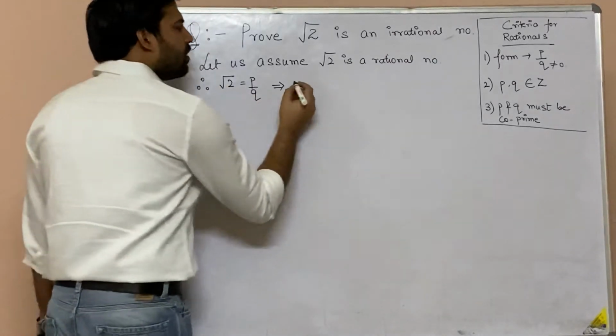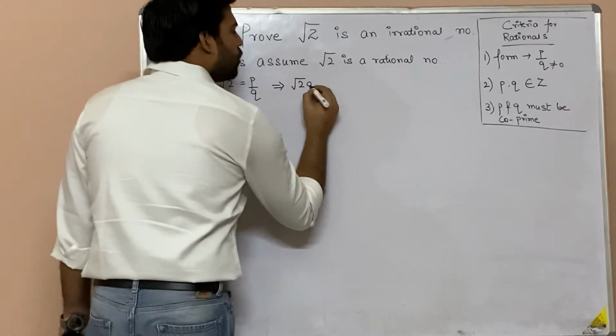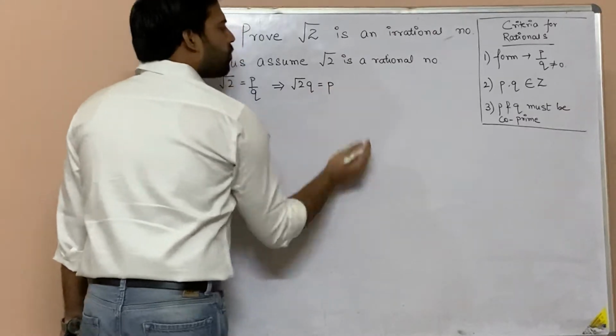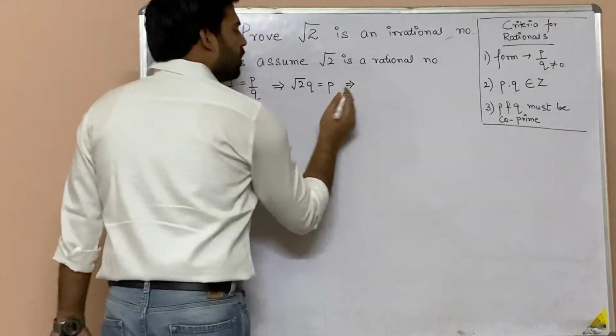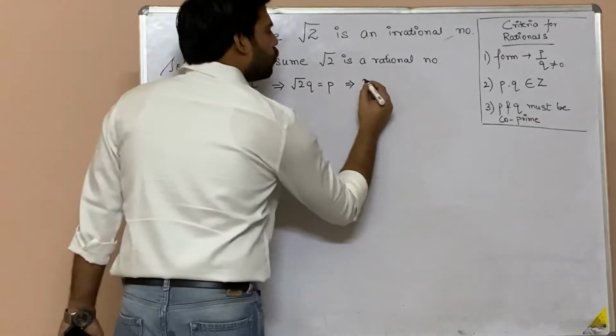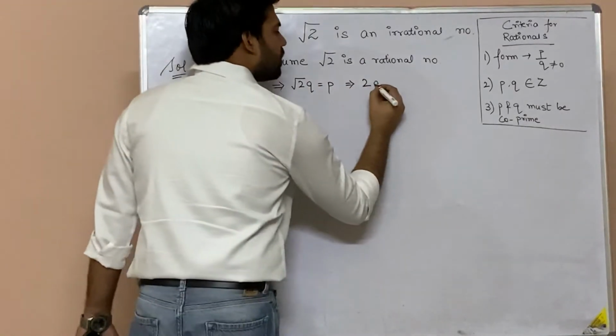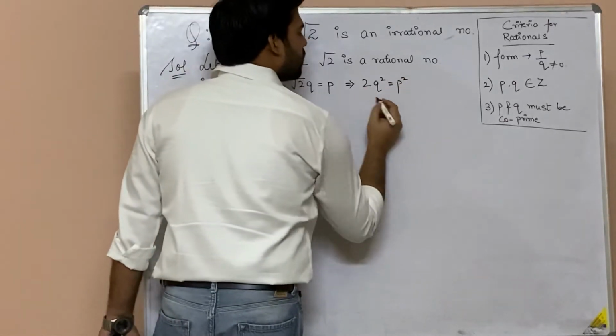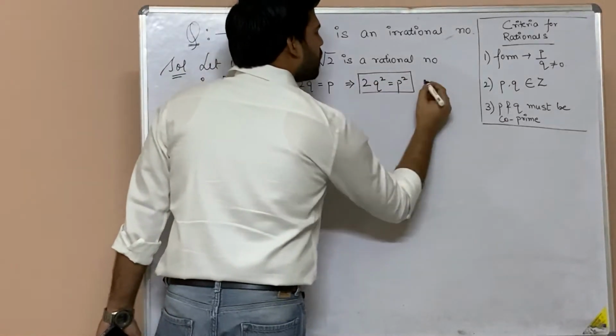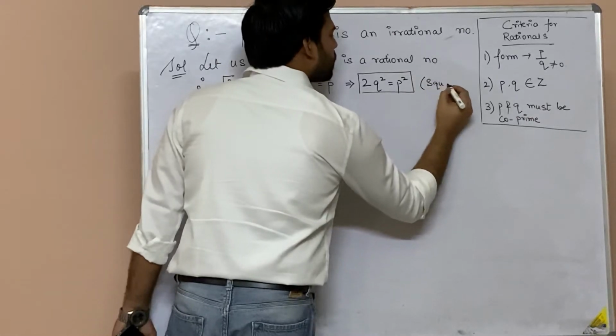Take q to this side: root 2 into q is equal to p. Then squaring both sides, you will get root 2 square is 2, q square is q square, p square is p square. This is the statement that you got squaring both sides.